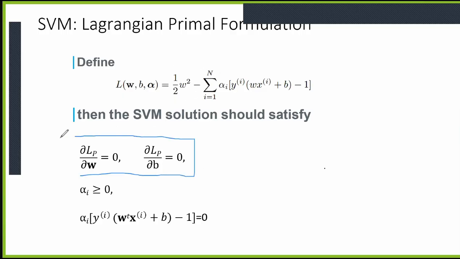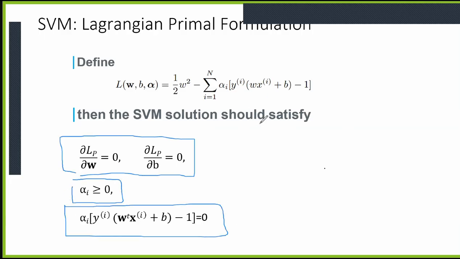So these are all the KKT conditions, and the first two are just saying that with this Lagrangian, where we now have the constraint incorporated in it, we want to get the optimal W and optimal bias. These are the straightforward conditions.